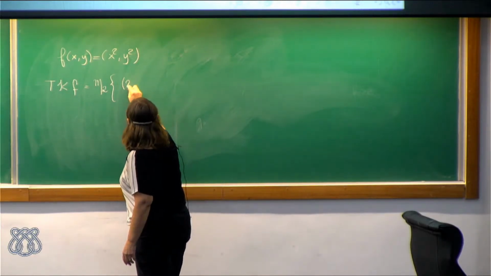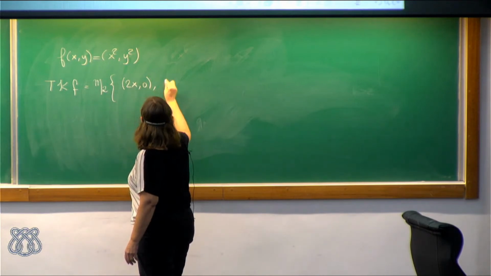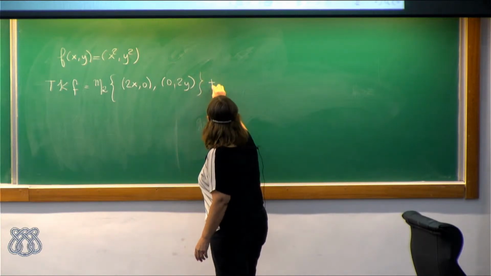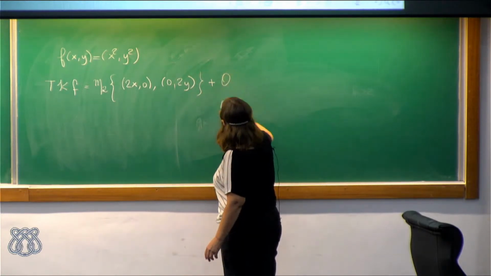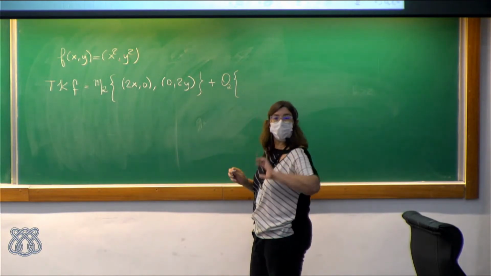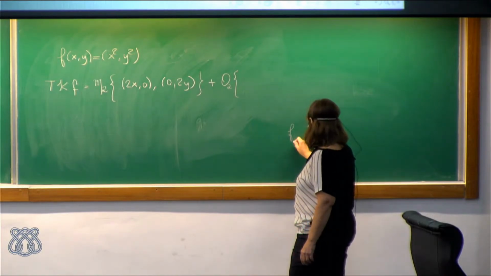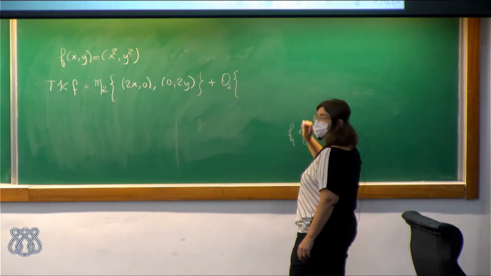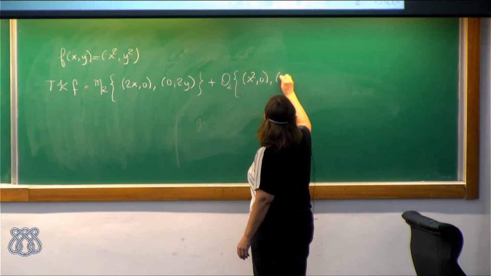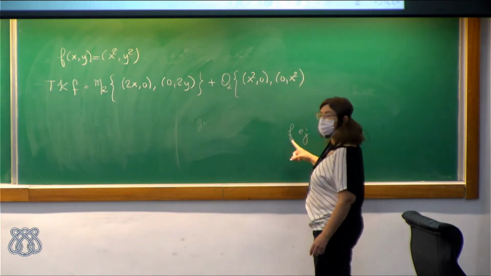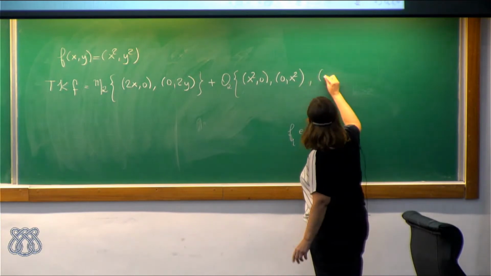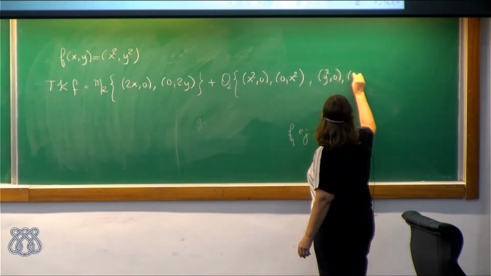The partial derivatives are 2x, 0, 0, 2y. Plus, what we have here is O2, and then we are looking for this Fi Ej. So we have x squared 0, 0 x squared, this F1 E1, F1 E2. And then y squared 0, 0 y squared.